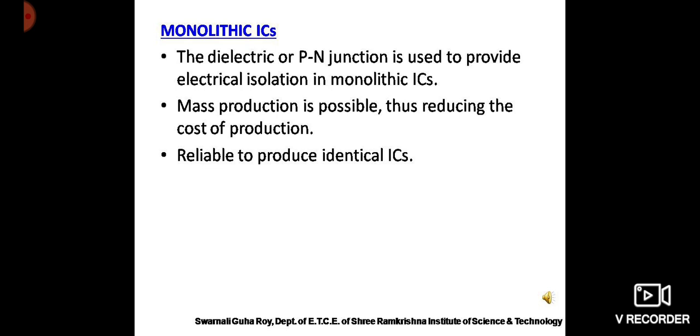That is, when we can produce a number of ICs at the same time in a batch, this will reduce the cost of production of the ICs. At the same time, the process of monolithic IC fabrication is also reliable to produce identical ICs.